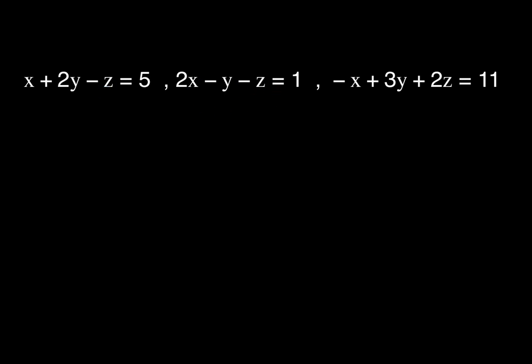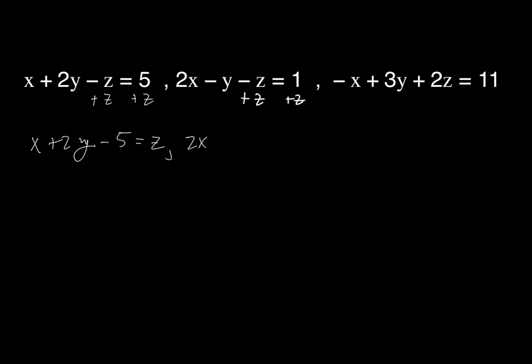So in this case, I'm going to add z to both sides, and I'm going to subtract 5 from both sides. So when that happens, I'll have x plus 2y minus 5 equals z. Here I'm going to add z to both sides and subtract 1 from both sides.